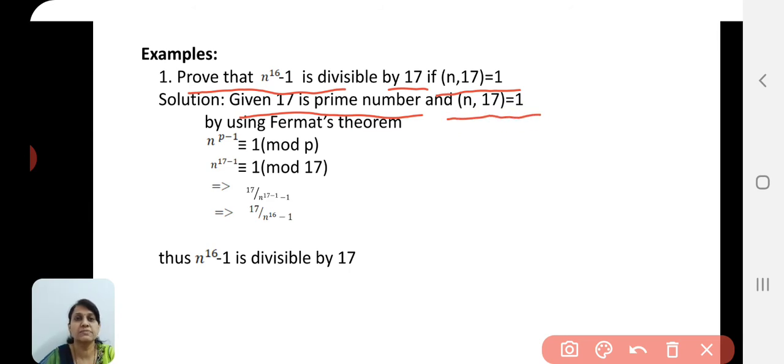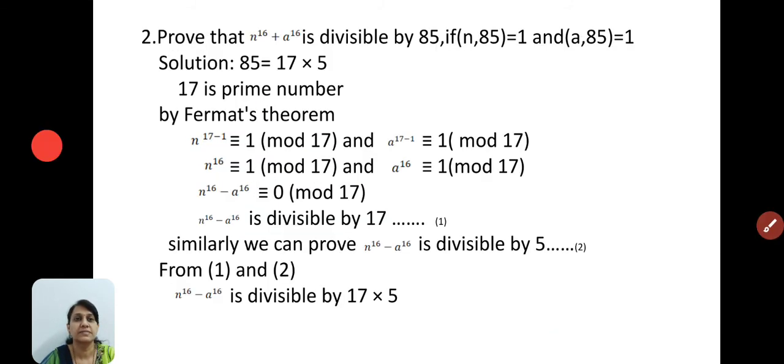So by using Fermat's theorem, that is n raised to p minus 1 is congruent to 1 mod p, we can write n raised to 17 minus 1 is congruent to 1 mod 17, or 17 divides n raised to 17 minus 1 minus 1, or 17 divides n raised to 16 minus 1. That is nothing but n raised to 16 minus 1 is divisible by 17.